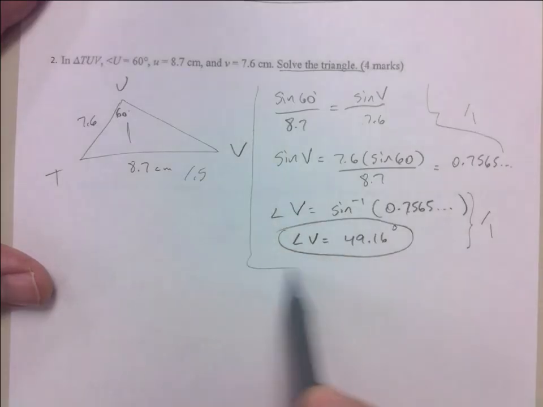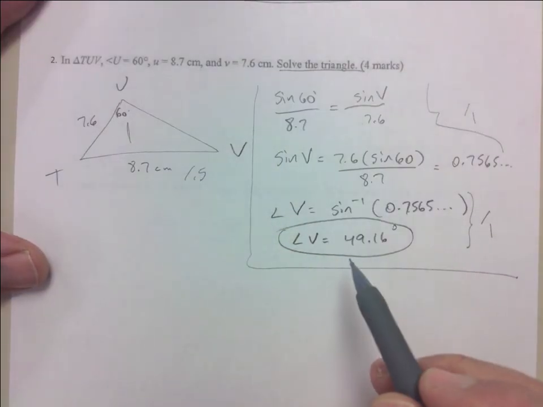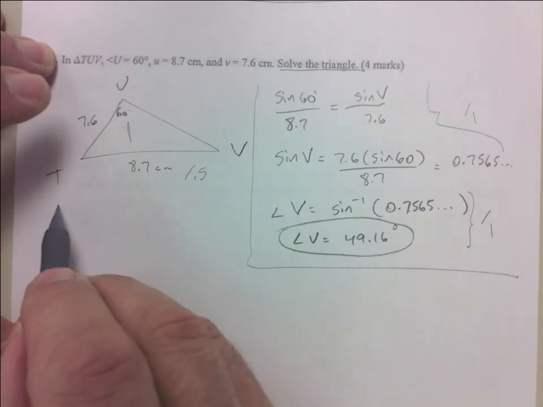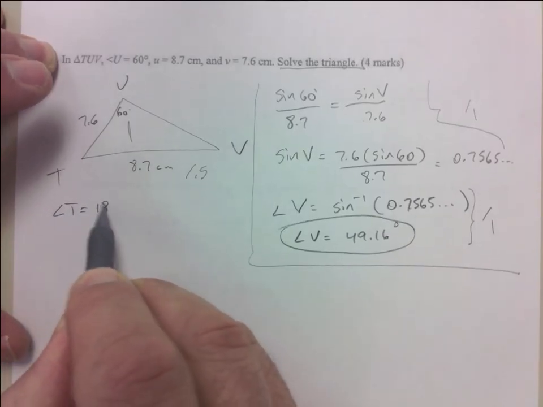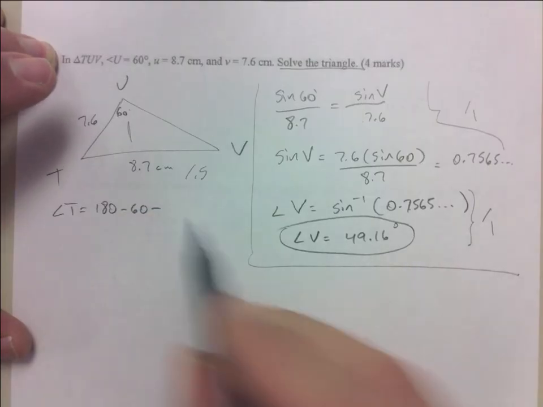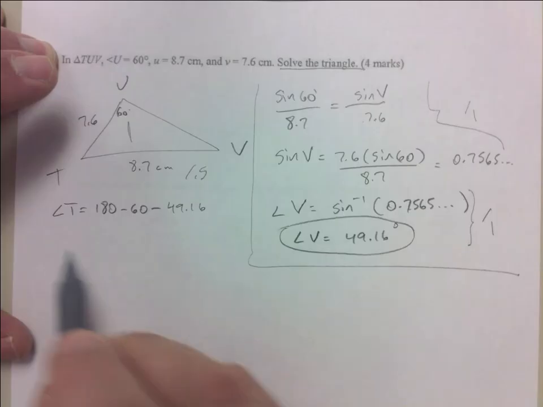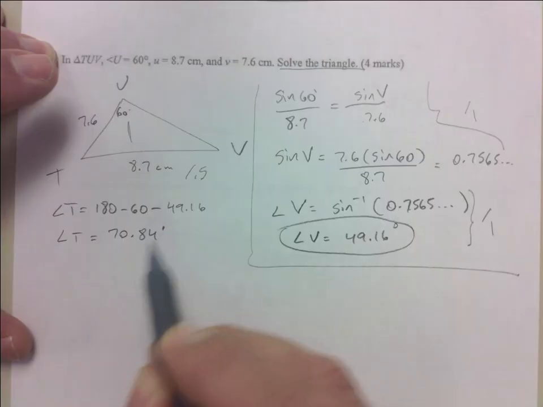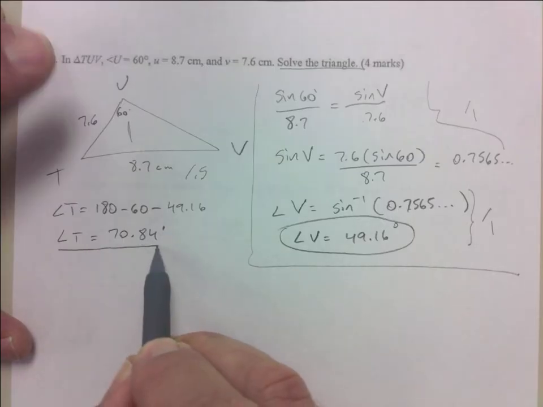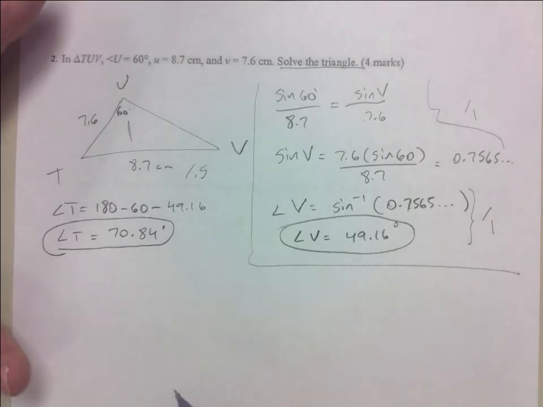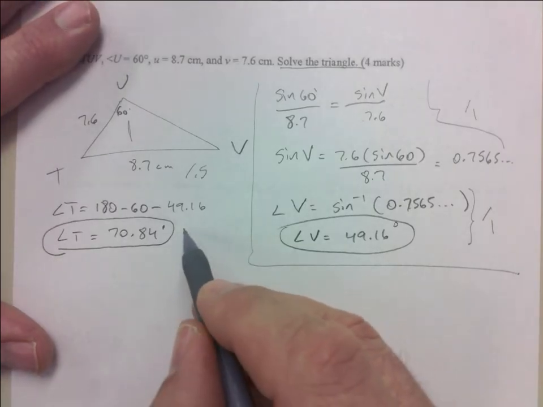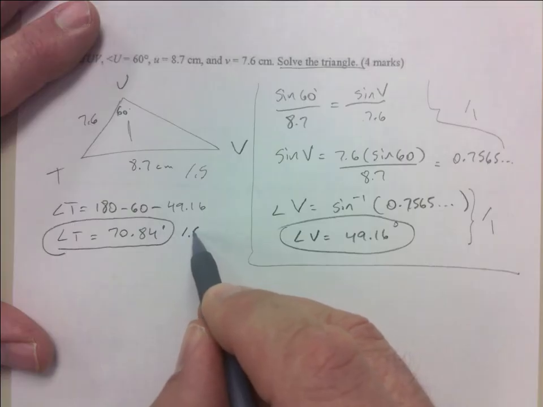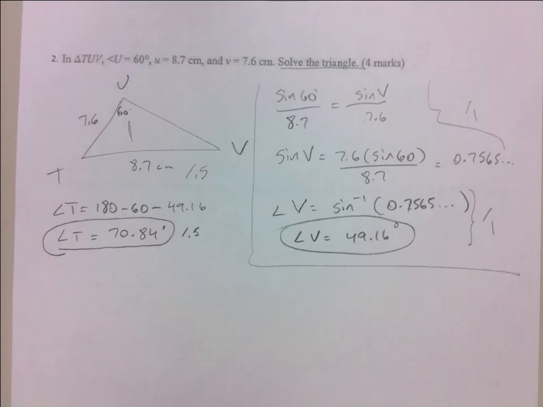The next thing I need to do is solve for that angle T. So 180 minus 60 minus 49.16. And angle T is 70.84 degrees for me, right? In this case, it is something I would circle because it's one of the items I would like to see. So half a mark for that. Pretty straightforward.